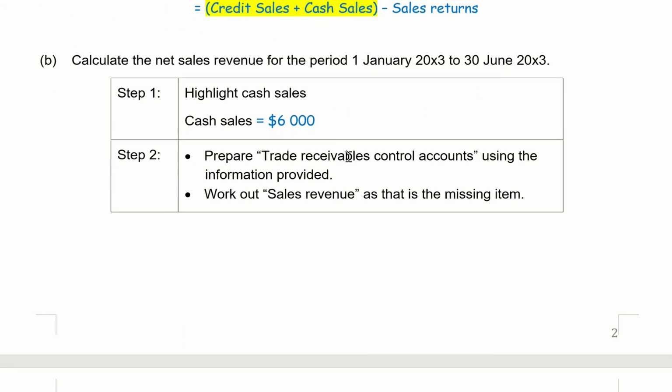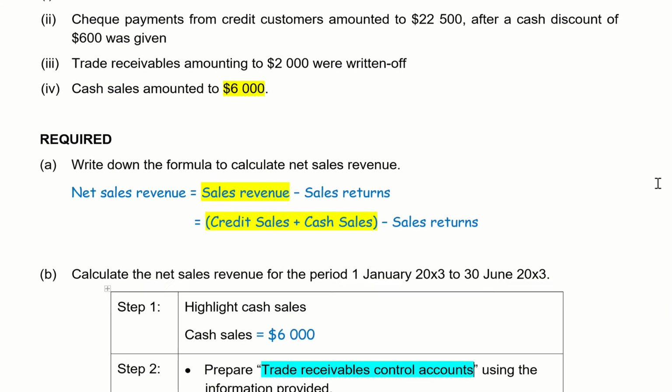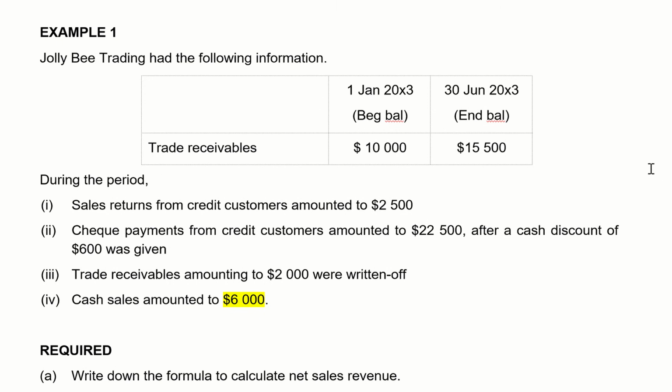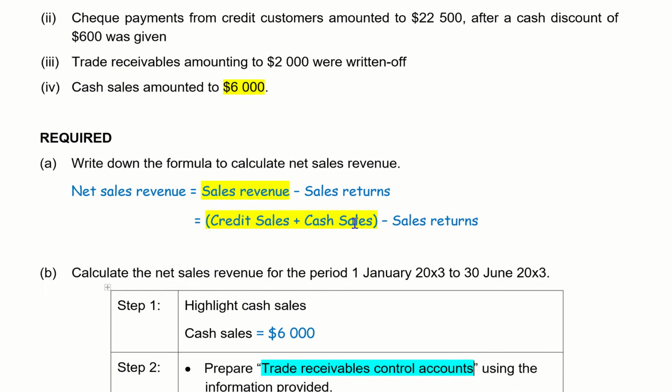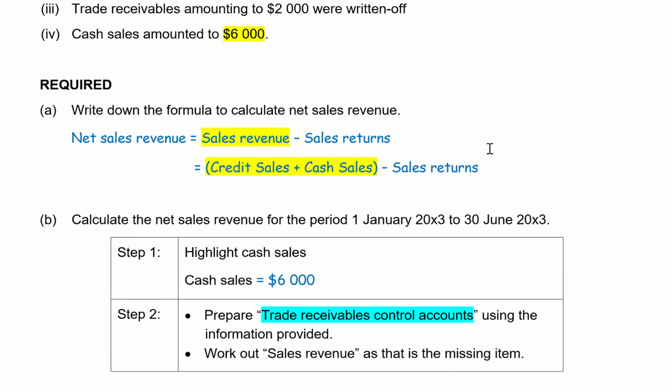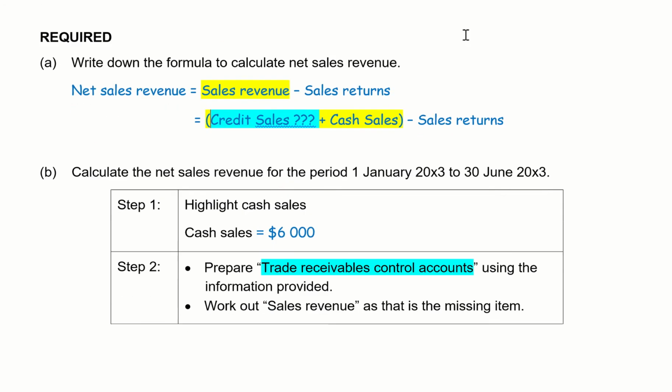So now that we are looking at credit sales, we want to prepare the trade receivables control account using whatever information is provided. If you read through the information, you can prepare the trade receivables control account, but you realize that you don't have the credit sales number. Where is the credit sales number? It is not given to you.